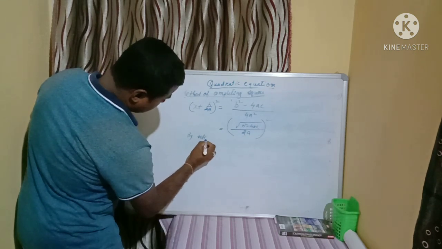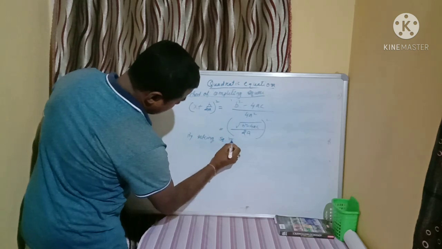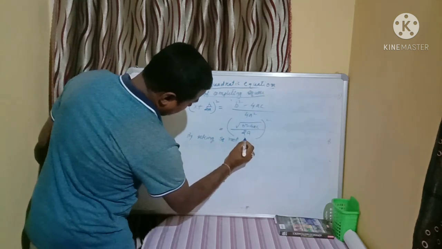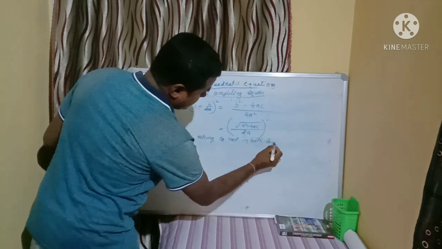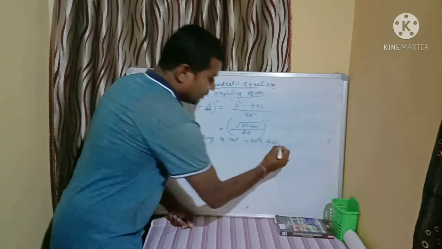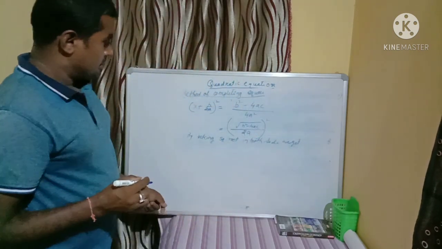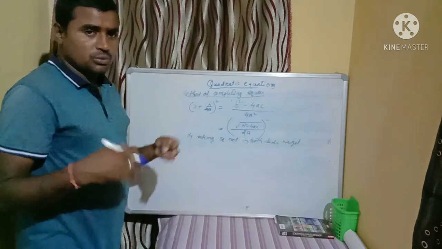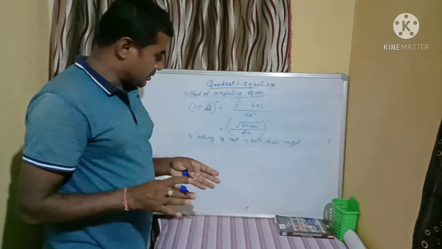Now taking square root on both sides. To remove the square, we have to take the square root.